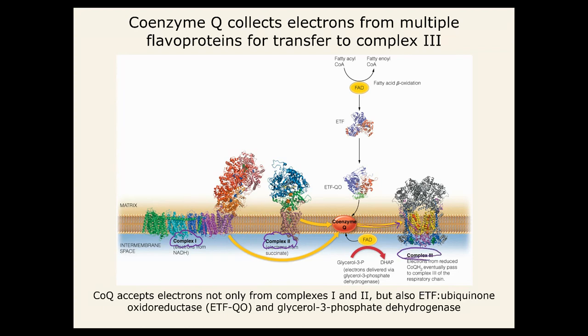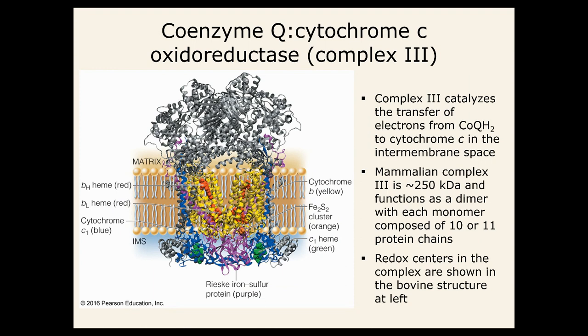So electrons from reduced coenzyme Q pass to complex 3. Complex 3 will catalyze the transfer from reduced coenzyme Q to cytochrome C in the intermembrane space.